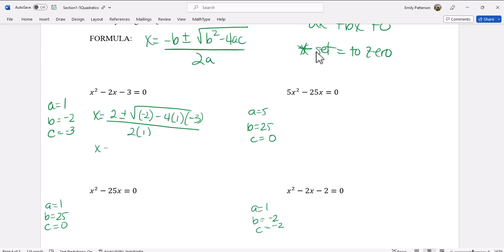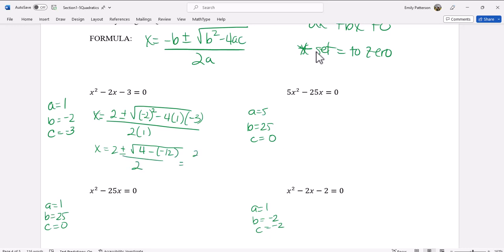So we got x is equal to 2 plus or minus, I forgot to put the squared in there, b squared, so this is negative 2 times negative 2 is 4, minus a negative 12 all over 2.